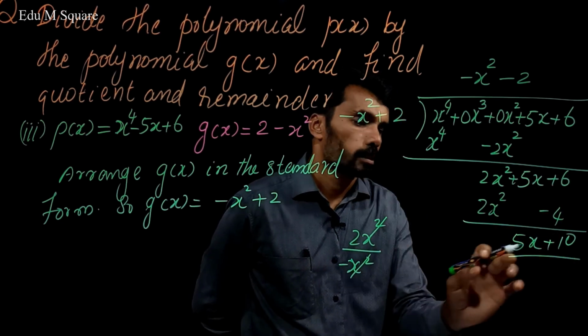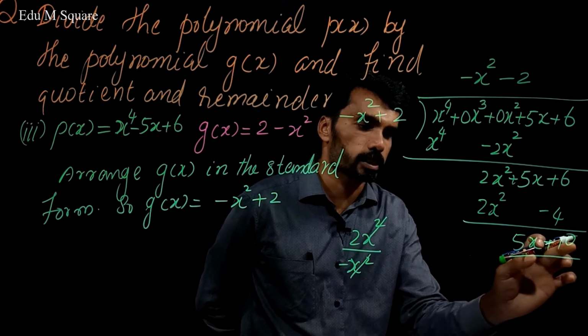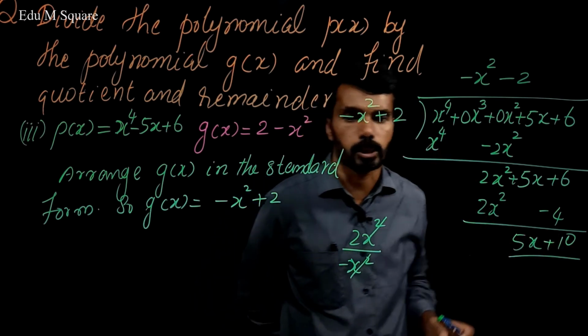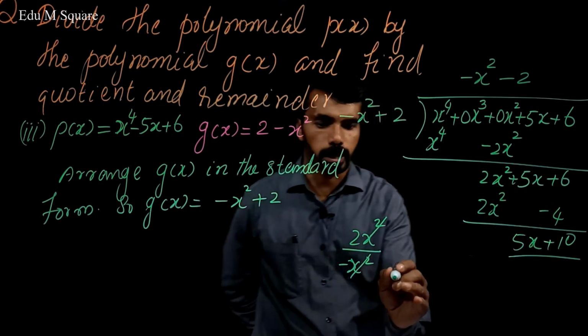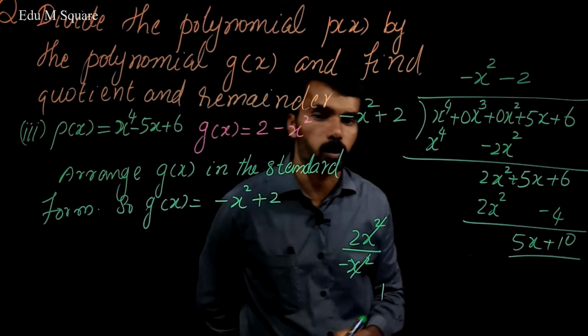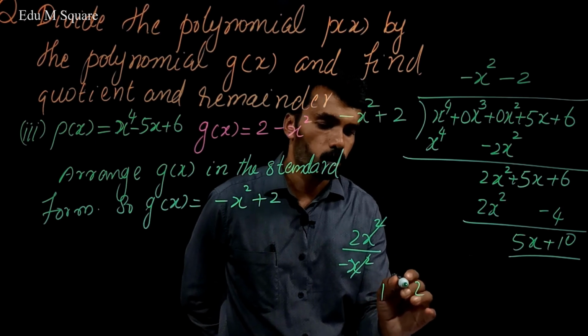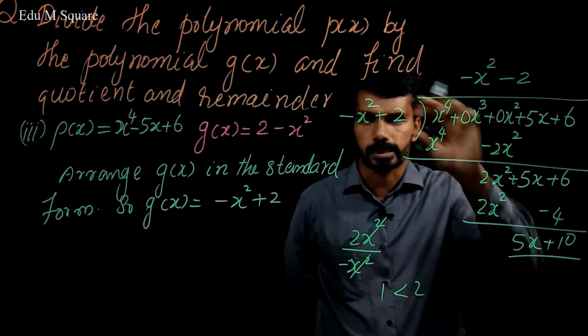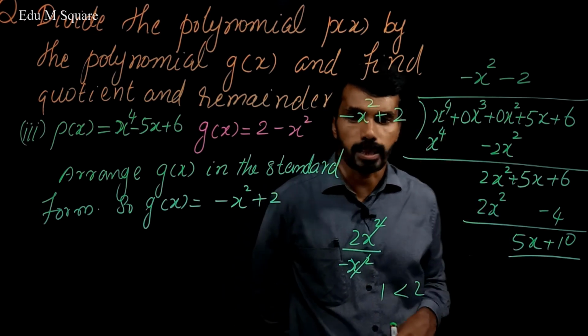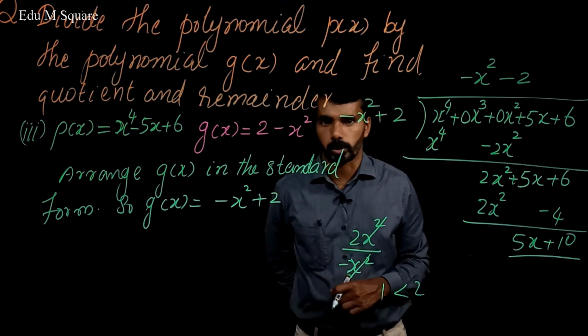Now check the degree of this remainder and the degree of the divisor. Degree of the remainder is 1. Then what is the degree of the divisor? 2. So 1 is less than 2, that is the degree of the remainder is less than the degree of the divisor. So let us stop the division process here.